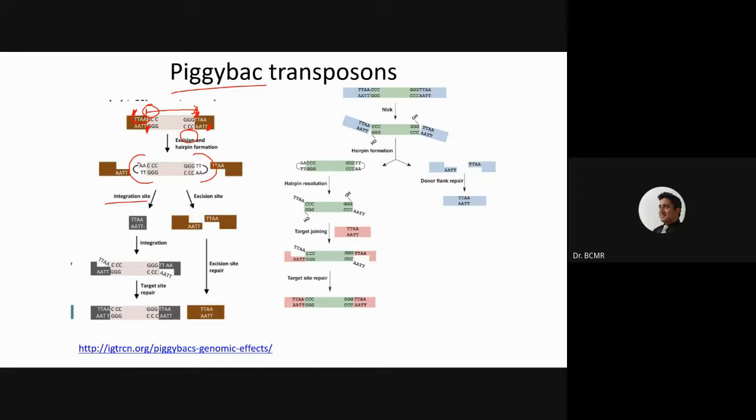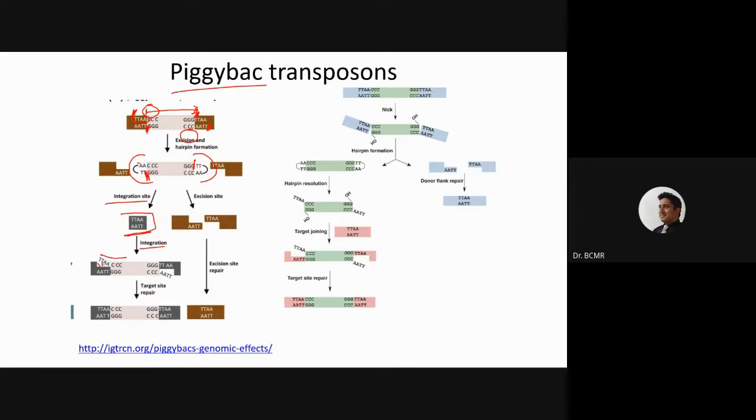When it goes to a new target site, it has a preference for sites like TTAA. It's not like other transposons, which randomly integrate into any place. Once they are integrated, this hairpin loop is cut again.